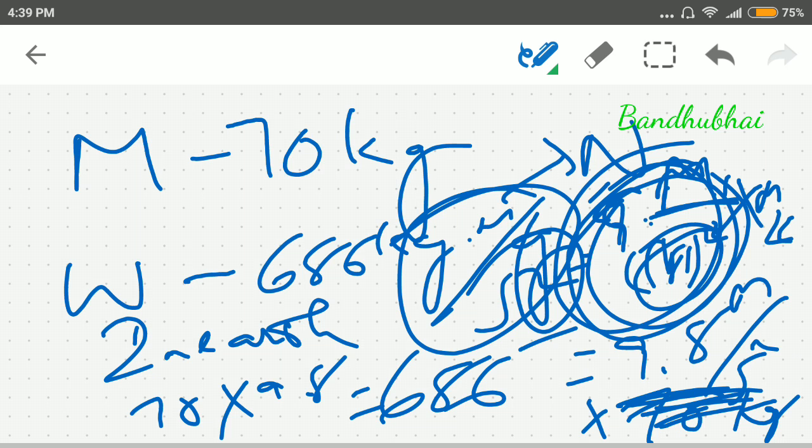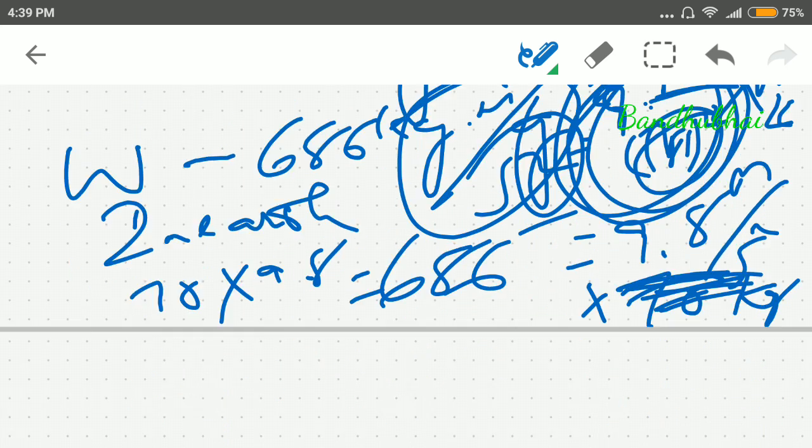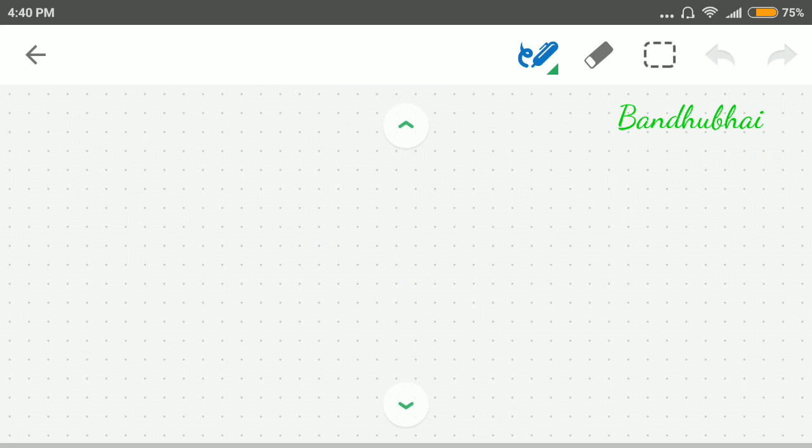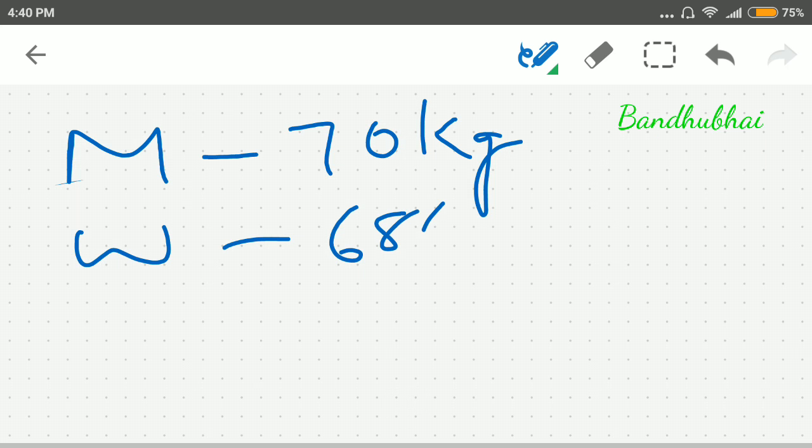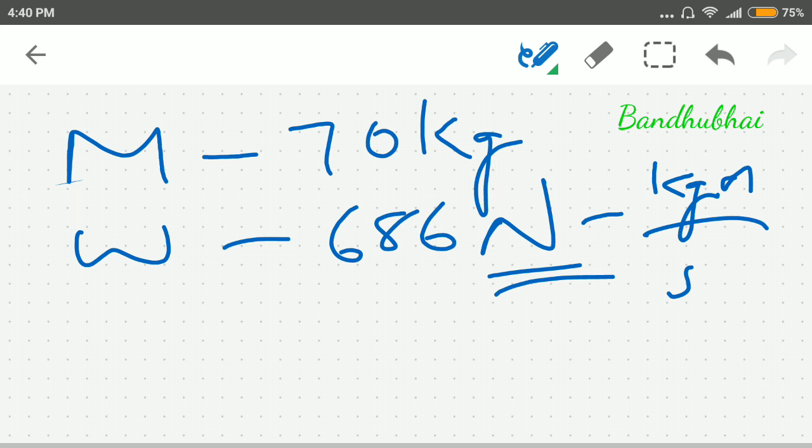This is Newton. We all know that Newton stands for kg meter per second square. So for an object of mass 70 kilograms, the weight is 686 Newton.